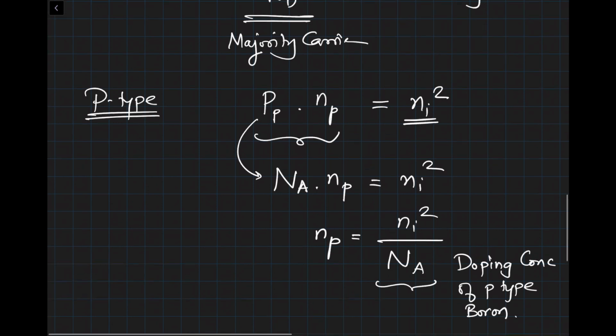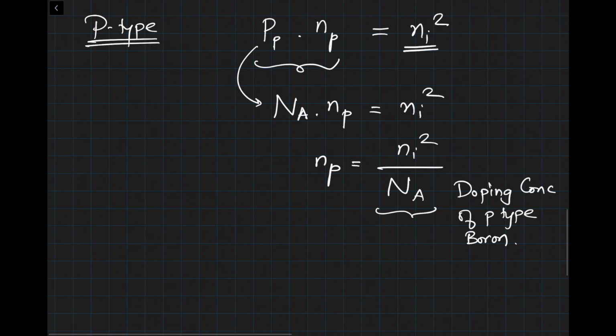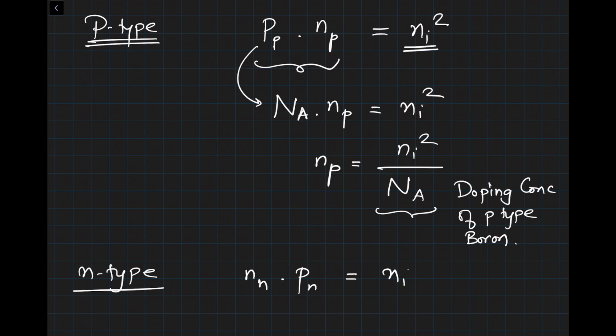All right. Similarly, we can prove that for an n-type semiconductor, we have N_n times P_n equal to n_i squared.